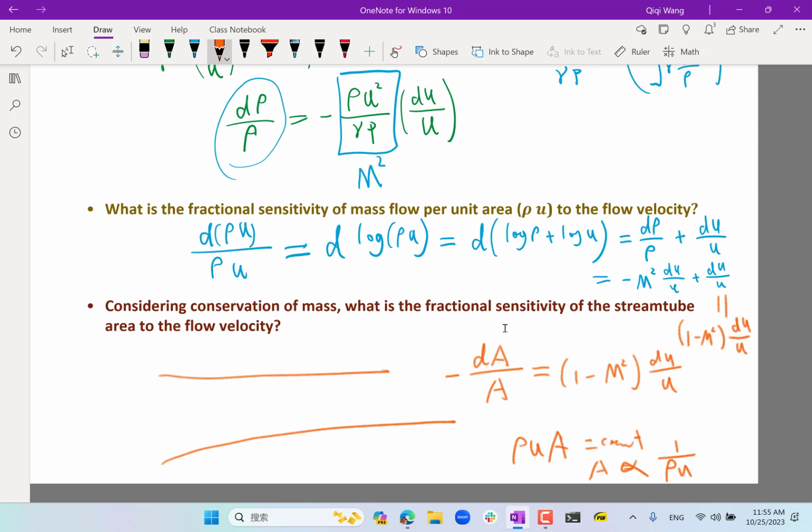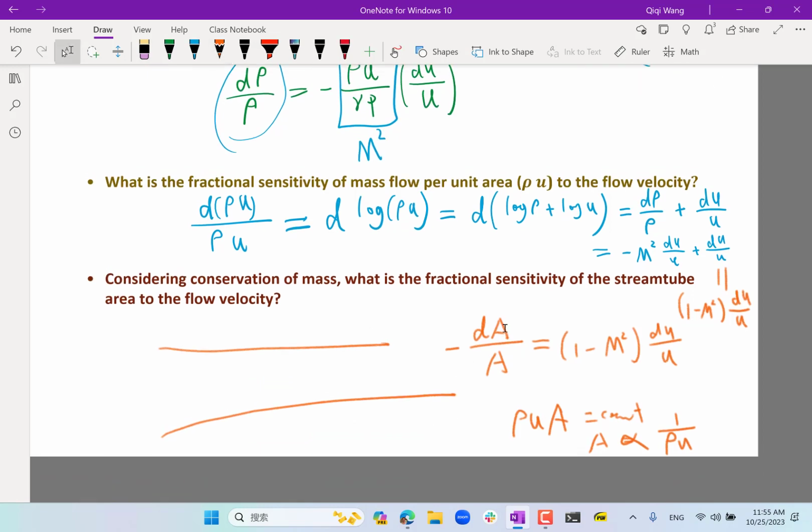That means rho u would actually drop as velocity increases in supersonic flow, and the required area actually increases. Second thing is that even restricted to subsonic flow, if the streamline contraction is going to be the same, the velocity increase actually has to be larger as the Mach number increases. And if the velocity increase is larger, the decrease in the pressure would also be more significant, right?